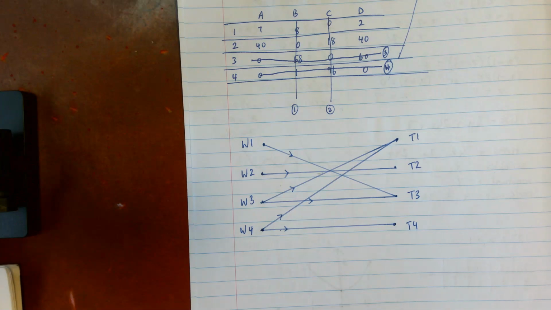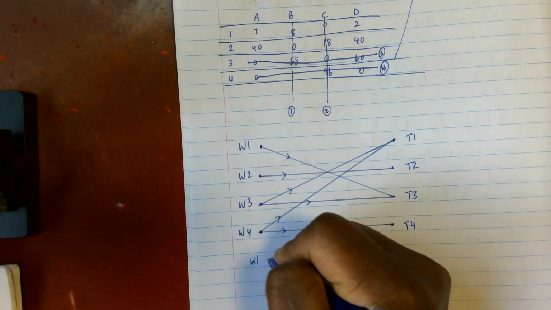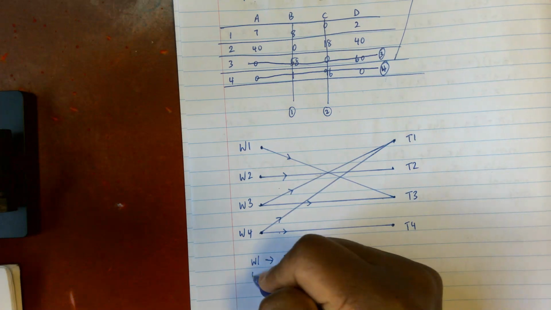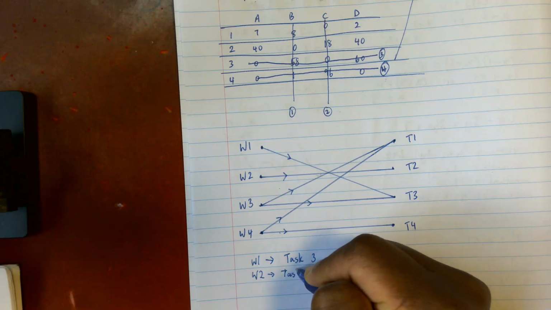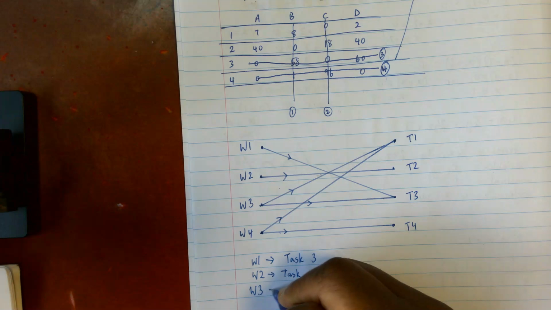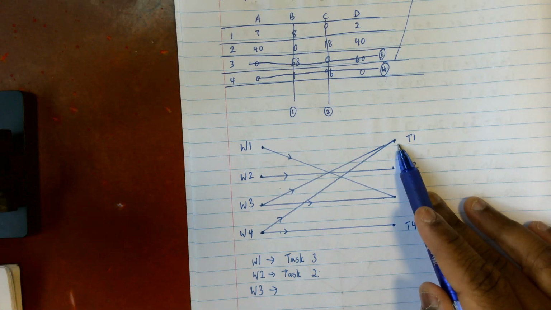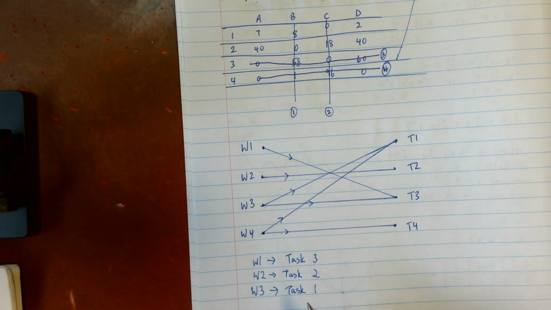Alright, from this we can see that worker 1 has to be allocated task 3, worker 2 has to be allocated task 2, worker 3, well, worker 1 has to take that, so worker 3 can take task 1, and that means worker 4 can take task 4.